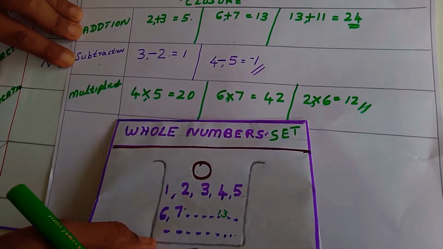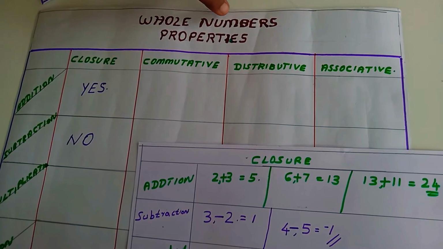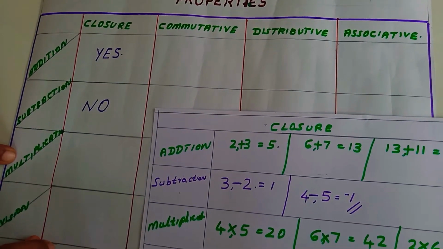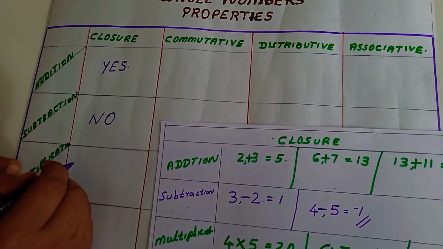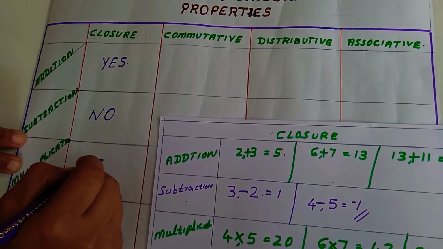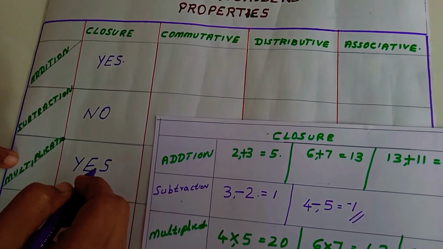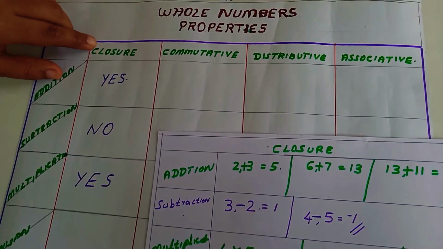So definitely whole numbers satisfy closure property under multiplication. So my answer will be yes or no? Yes. That means whole numbers satisfy closure property under multiplication.